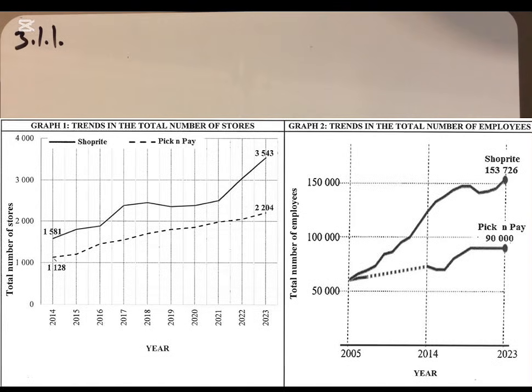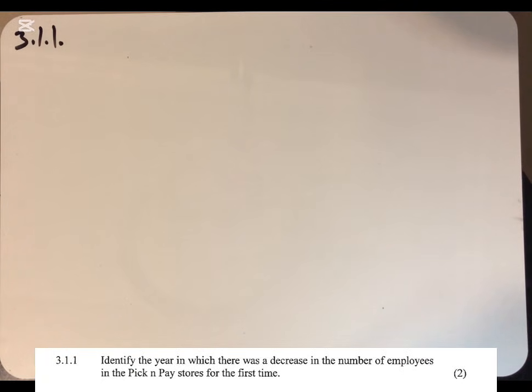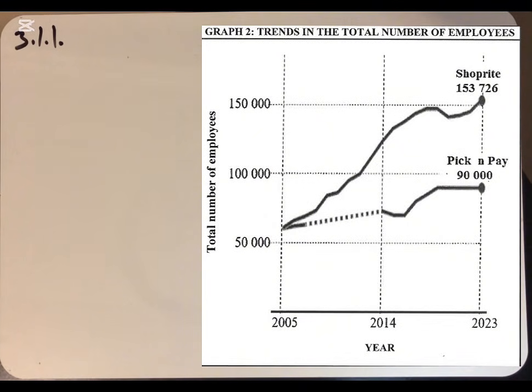It says: identify the year in which there was a decrease in the number of employees in the Pick n Pay stores for the first time.